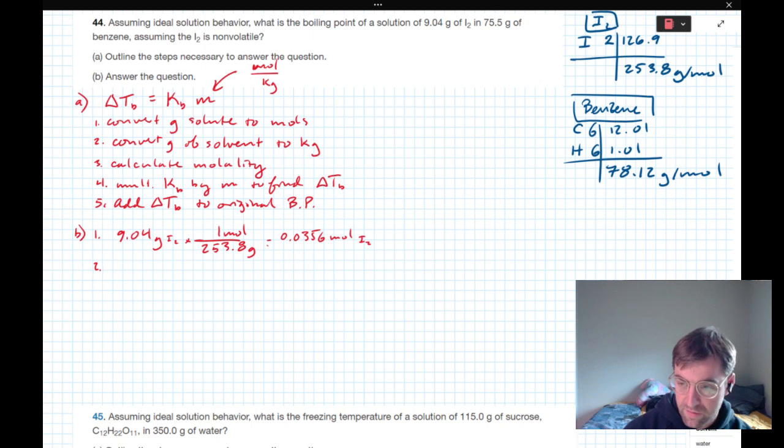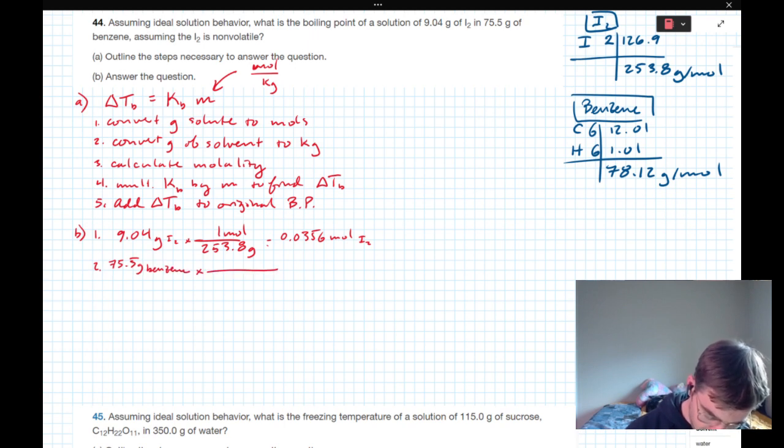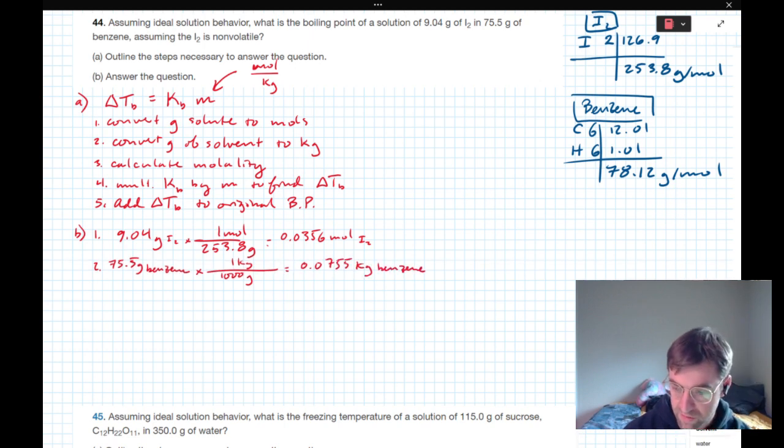We're given 75.5 grams of benzene. Excuse me, we're not going to moles, we're going to kilograms. So we just divide by 1,000. 1,000 grams per kilogram of benzene gives us 0.0755 kilograms of benzene.